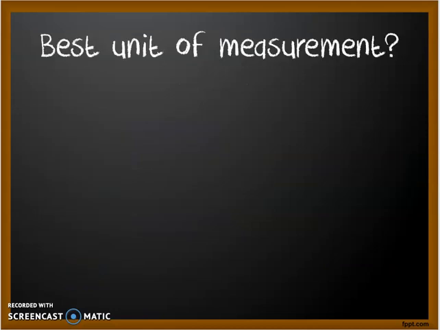So just like we did yesterday for mass, when we thought about what would be the best unit, a gram or a milligram, to measure the mass of something, we are going to think about the same type of task for different amounts of liquid. What would be the best measurement for that liquid? Would it be better to measure with a milliliter or a liter?